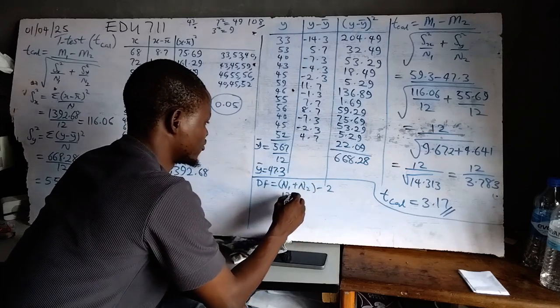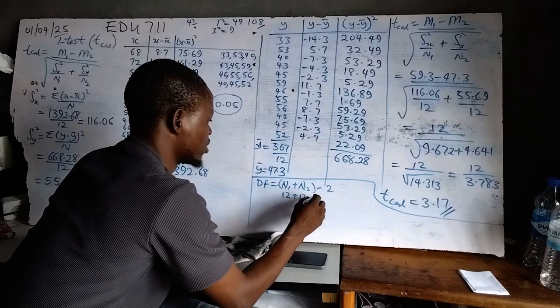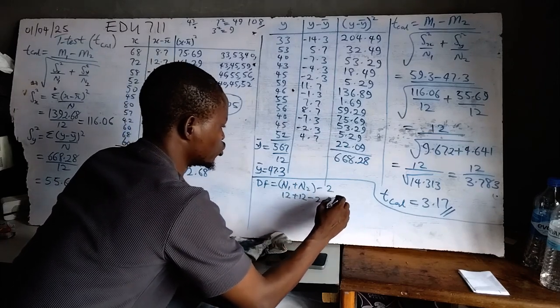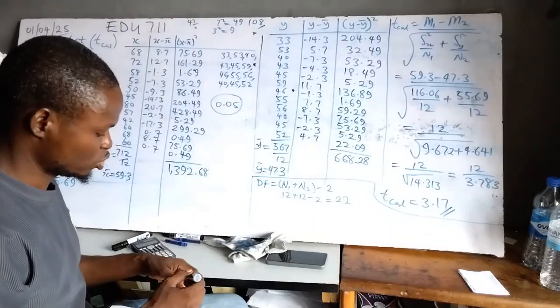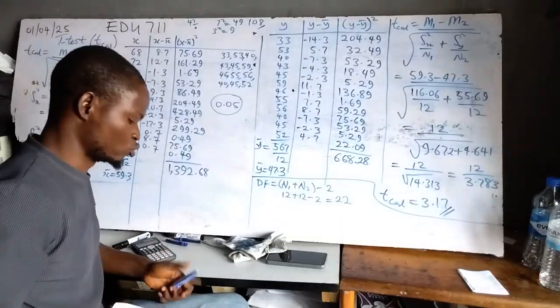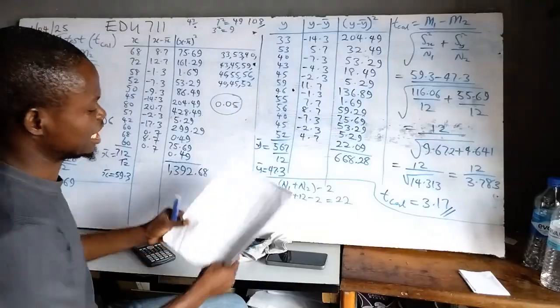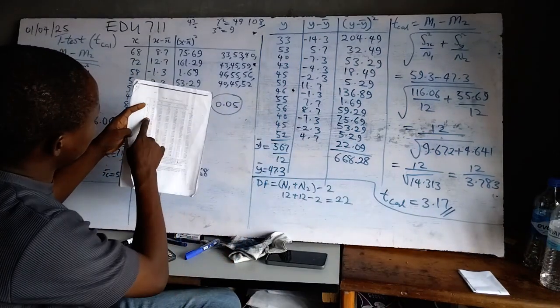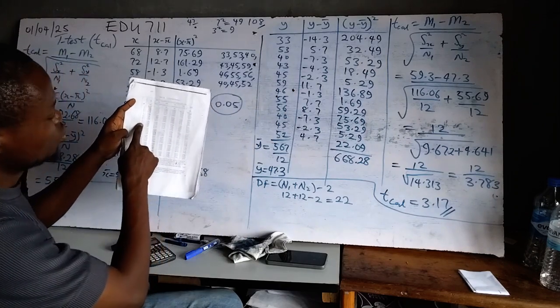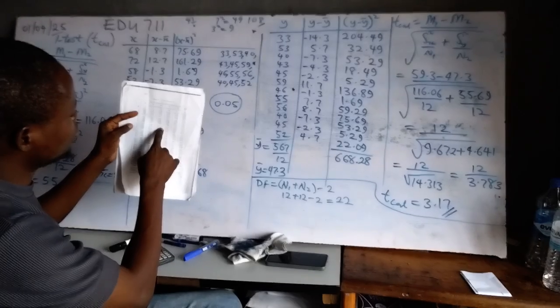So this is 12 plus 12 minus 2, which is 24 minus 2, that's 22. So our degree of freedom is 22. Now, the t-test is in the first table, first page. So check under 22 and trace it to 0.05.